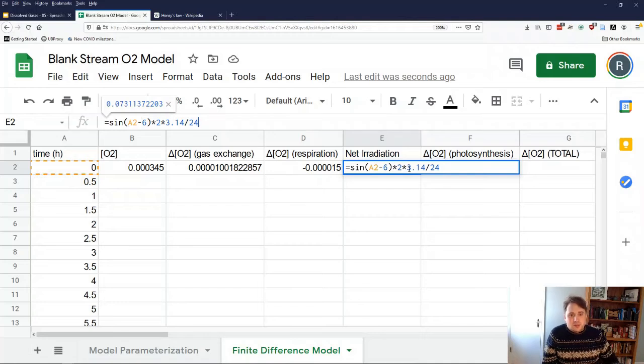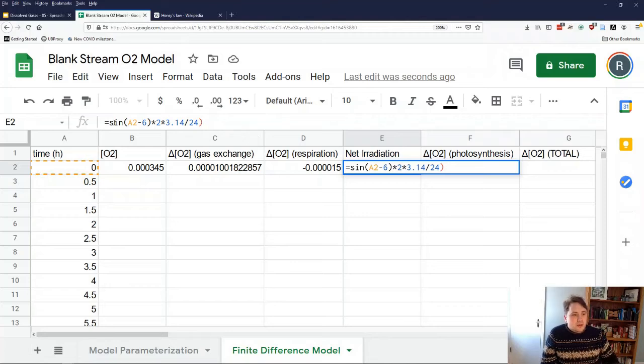And this times 2 times 3.14 divided by 24 shifts the frequency of the sine wave so that it repeats once every 24 units of time, or in our case, hours. Okay, so that's the sine function we're going to use.